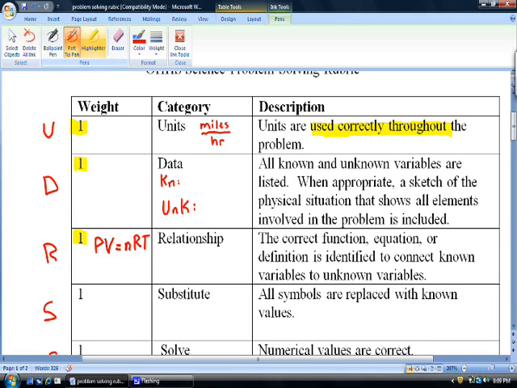And there are other relationships that you'll see as we go through some examples. Sometimes it's a function, sometimes it's an equation, sometimes it might be a definition. Whatever it is that's going to help you solve the problem. It's going to be a bridge from the things you know to get to the things you don't know. That's the relationship.